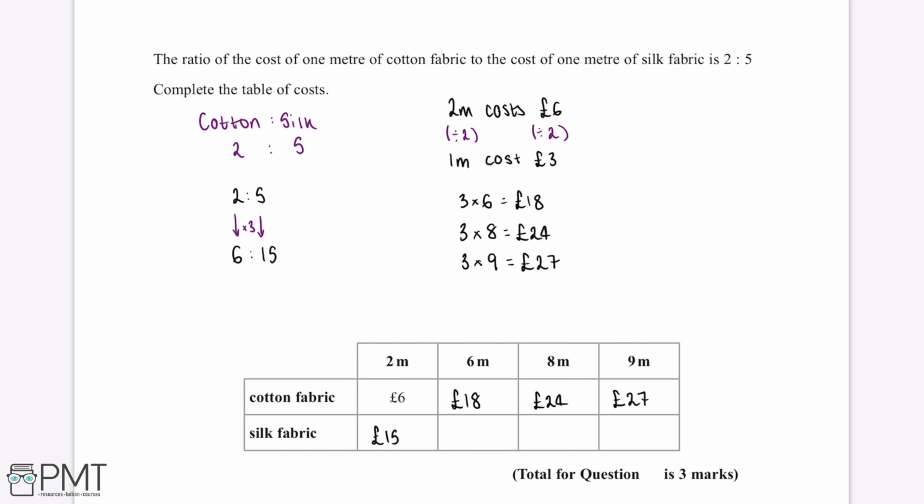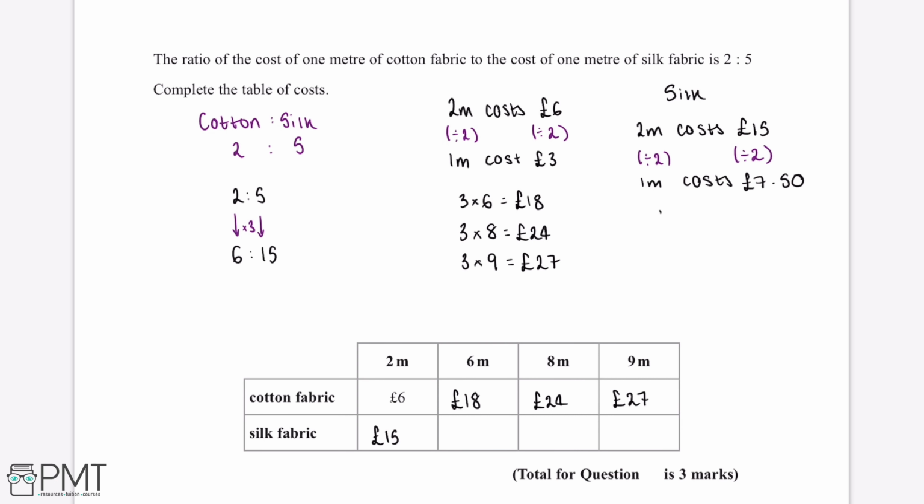And we can use the same process for the silk fabric, or we can use the ratio which we've been given in the question. So using the same process as before, 2 metres of silk fabric costs £15. And if we divide both values by 2, then this tells us that 1 metre will cost £7.50.